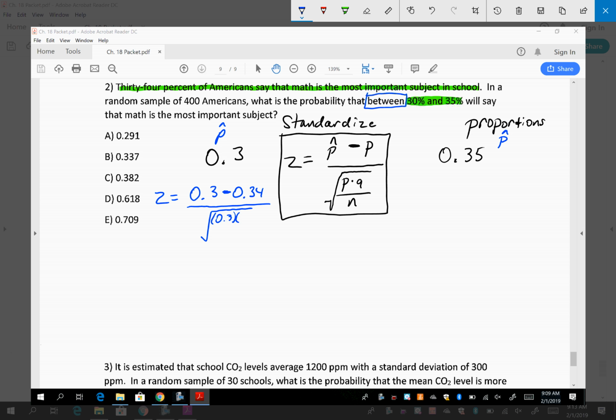PQ, oops, sorry. That's supposed to be 0.34.